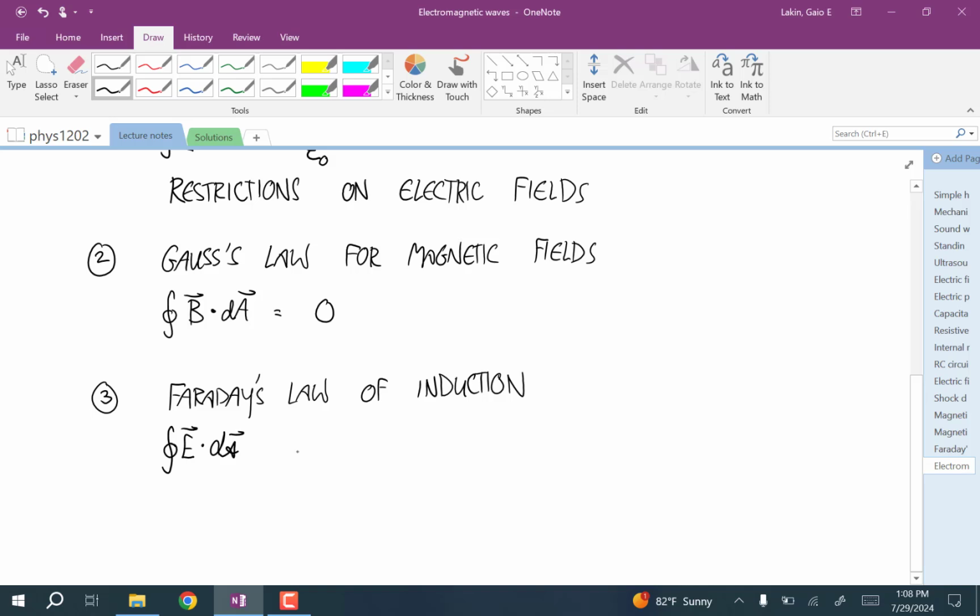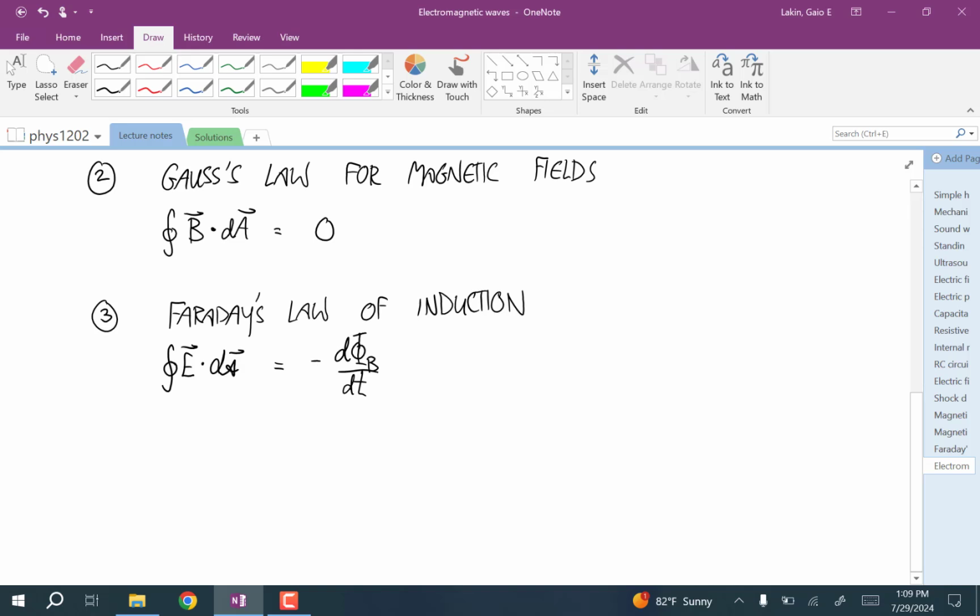This is equal to the negative derivative with respect to time of the magnetic flux. You remember seeing something like this, but it wasn't in this form.